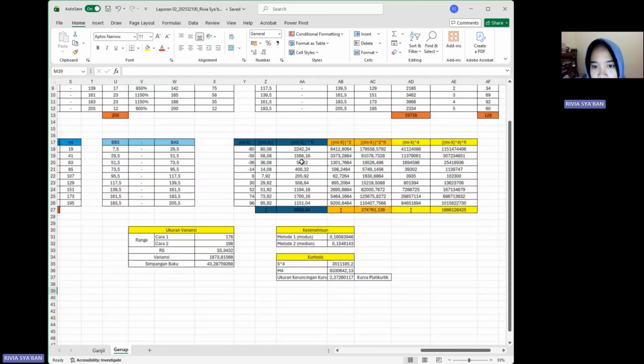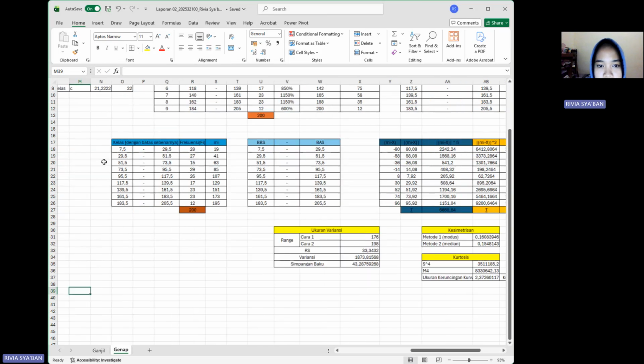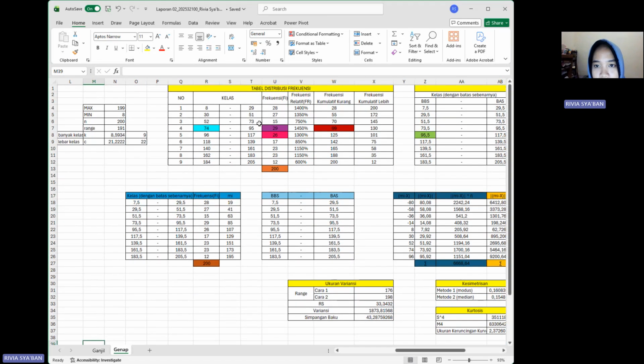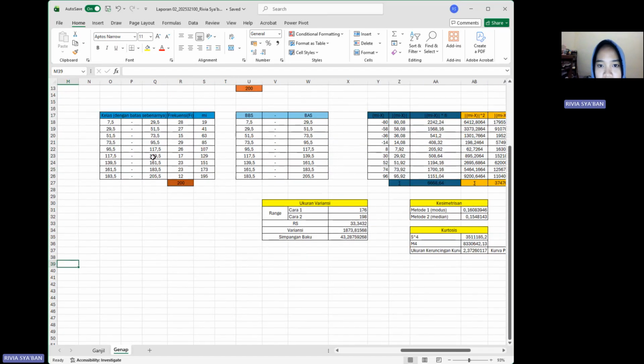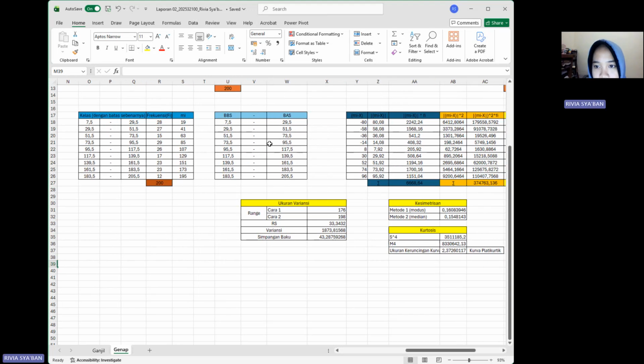This is the same as in the formula here, and we do the same in this table.